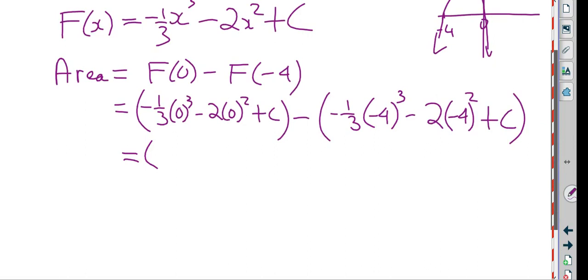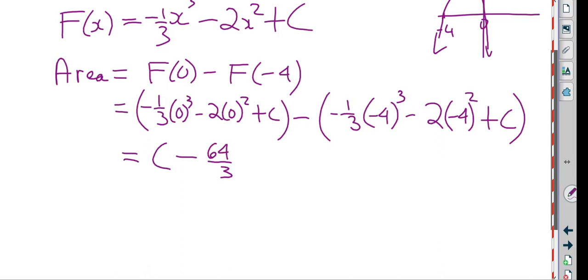Okay, so how much are we going to show here? Not much. So this is 0, this is 0. We're just going to get c minus. Okay, that's negative 64. That's going to make positive 64 thirds. And we're subtracting, so it's going to be minus 64 thirds. Okay, so watch that.